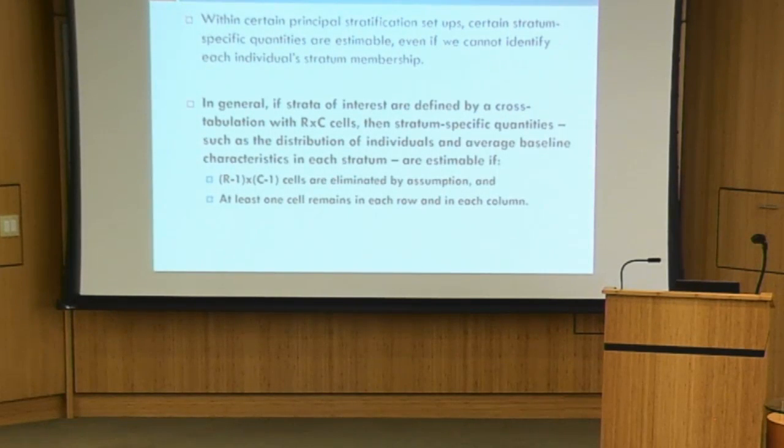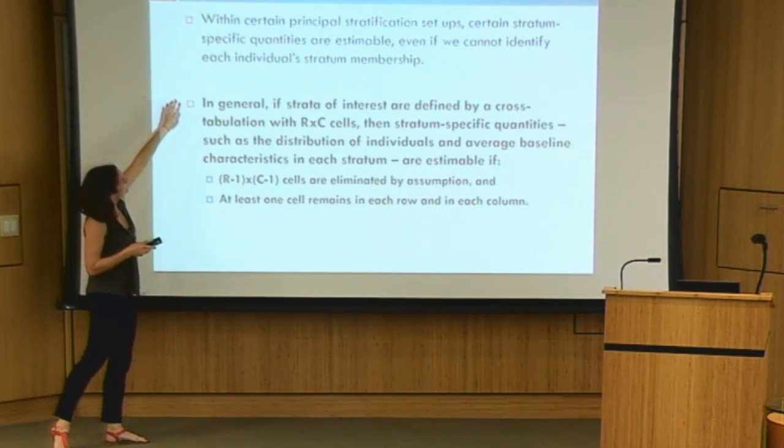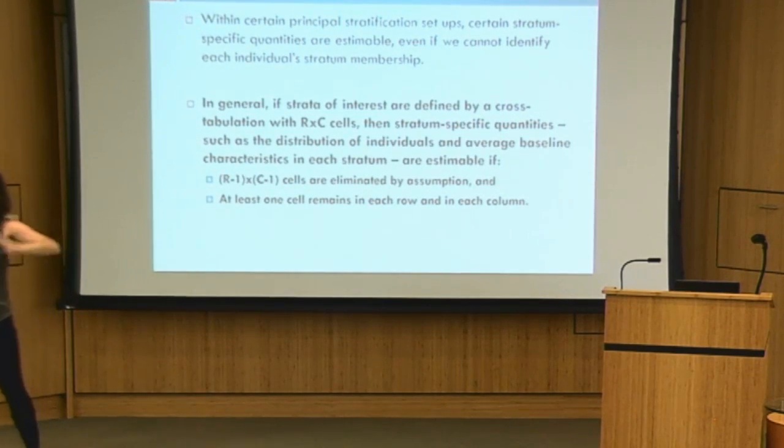The assumptions that allow you to X out some of the cells become really fundamental to be able to move yourself forward a little bit in this process. In general, we want to be able to X out as many boxes as possible.